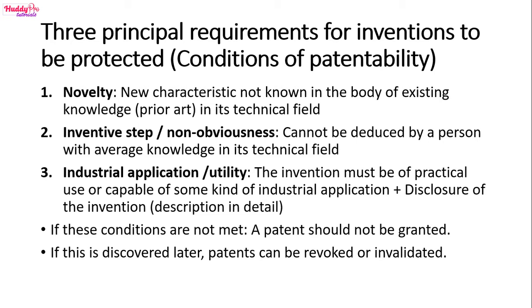And another principle, number 2, is called the inventive step or non-obviousness. What does this mean? Something that cannot be deduced by a person with average knowledge in its technical field. So any person with average knowledge who is not a professional cannot deduce that knowledge in a particular field.